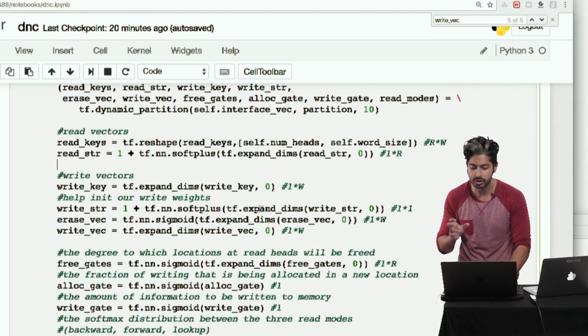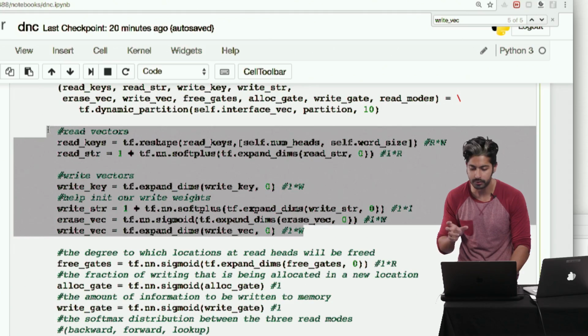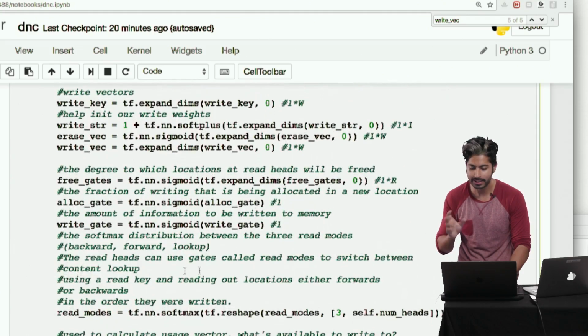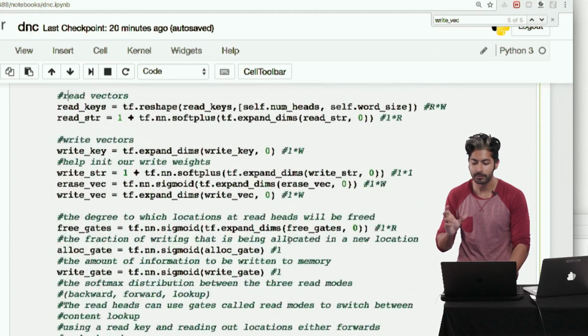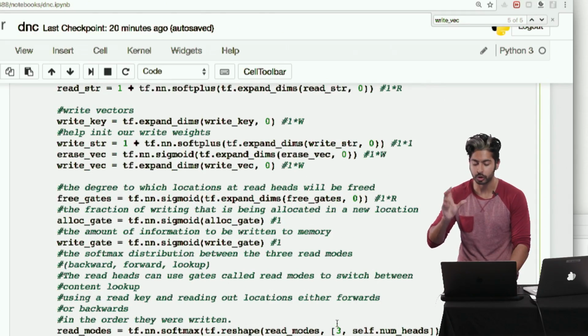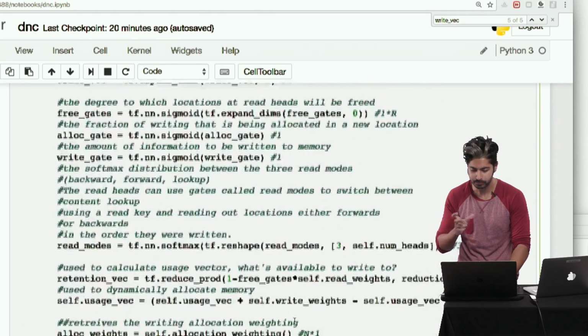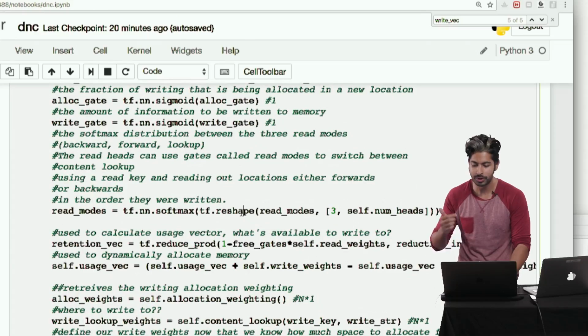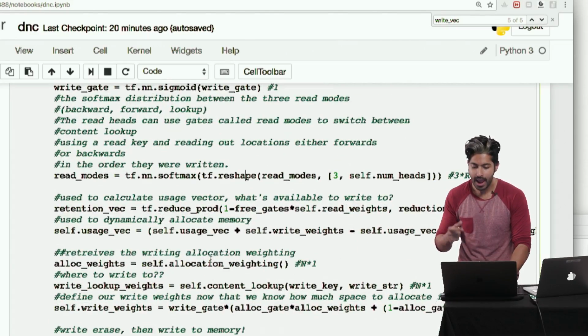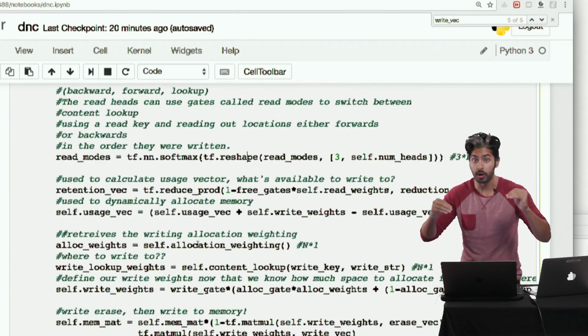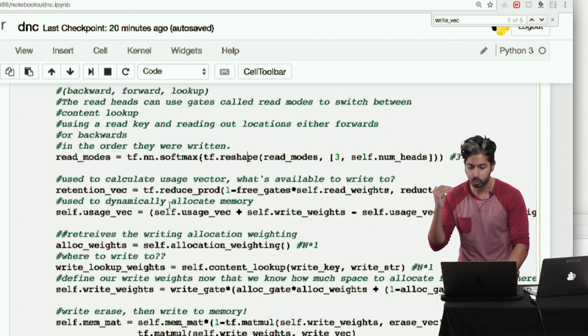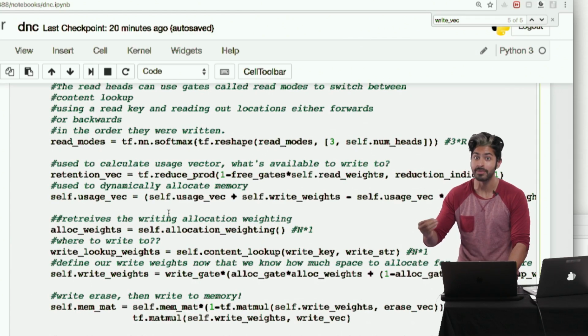We then initialized, flattened and resized all the read and write vectors and the gates which control the degree to which we're reading and writing, as well as the read modes, which is the direction that we're reading. And now we're going to actually perform the reading and the writing. We're going to start off with performing the writing, and then we'll do the reading.